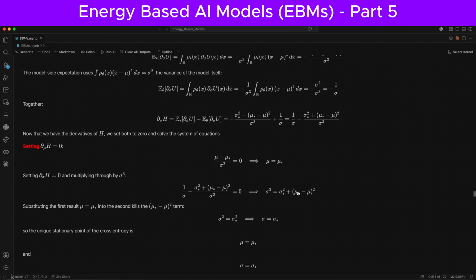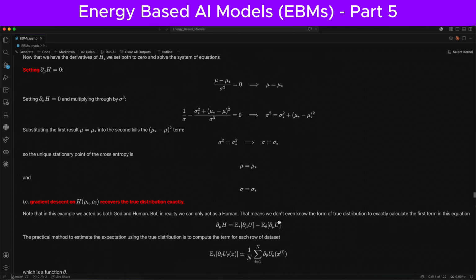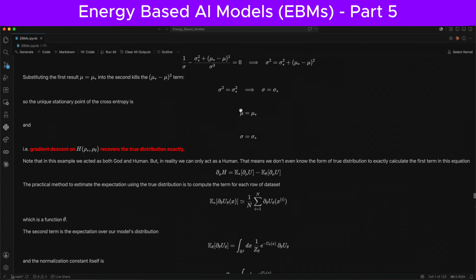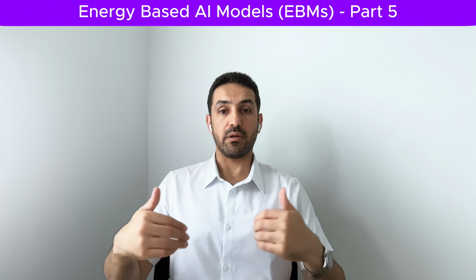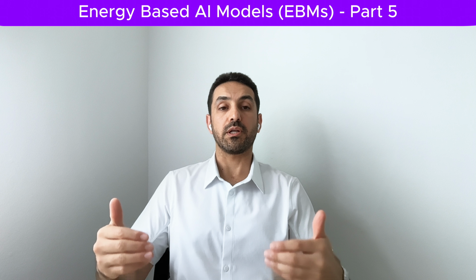Substituting the first result into the second kills that squared difference term, and we get sigma equal to the true standard deviation. So the unique stationary point of the cross entropy is mu equal to mu star and sigma equal to sigma star. In other words, gradient descent on the cross entropy recovers the true distribution exactly.